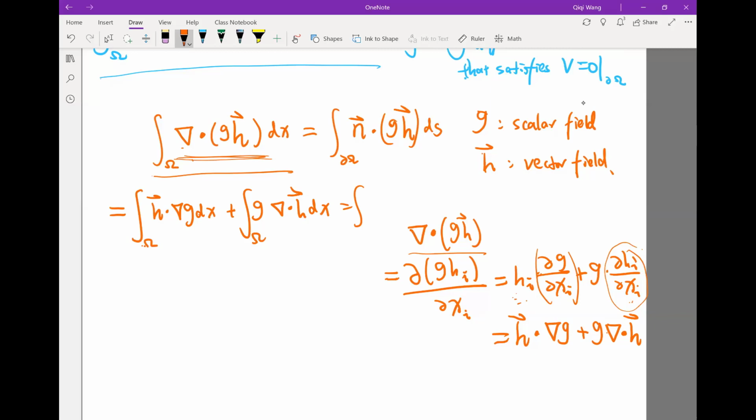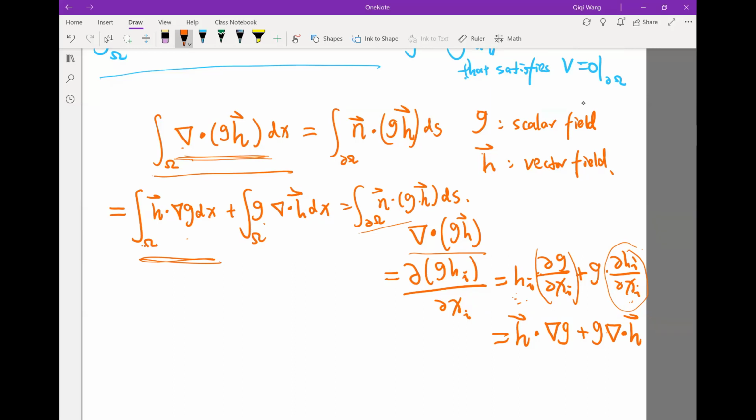That is equal to the boundary terms. And this is now very analogous to the derivation of integration by parts in 1D, except that whenever I encounter the dot product of a vector with a gradient, I can translate it into a boundary term minus the product of the scalar function and the divergence of the vector function.